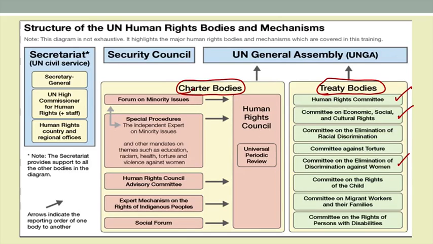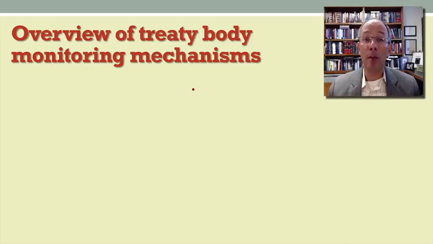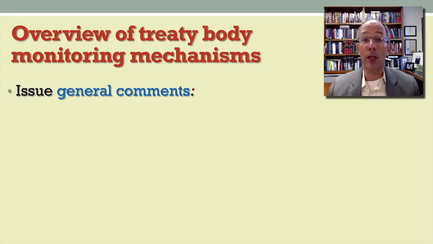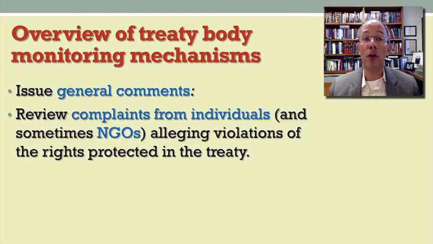So let's actually review some of the monitoring mechanisms that treaty bodies employ. We've seen a number of these before. They promulgate or adopt general comments that interpret the rights protected by the treaty for all states parties and provide additional guidance to those states. They review complaints from individuals and sometimes from NGOs alleging violations protected in the treaty.